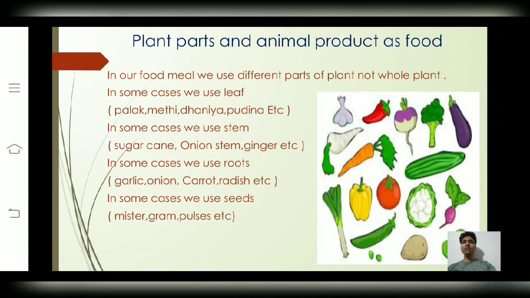In some cases, we use leaves such as palak, methi, dhania, pudina, etc. In some cases, we use the stem of the plant such as sugarcane, onion stem, ginger, etc. In other cases, we use roots of the plant such as garlic, onion, carrot, radish, etc. In other cases, we use seeds of the plant such as mustard, gram, pulses, etc.